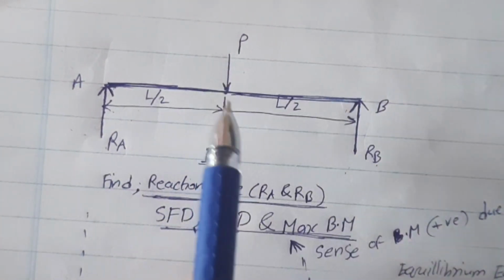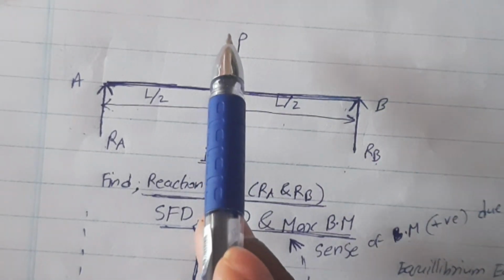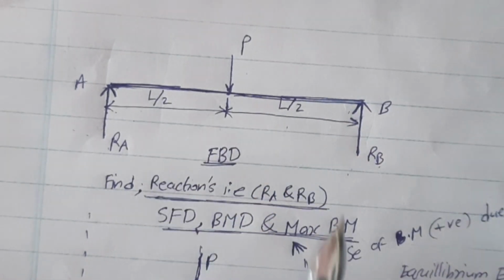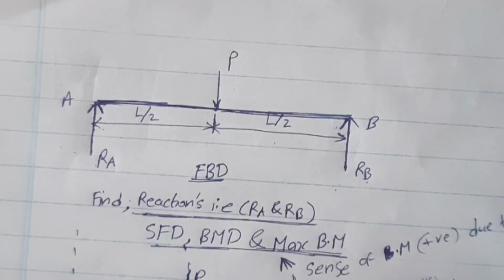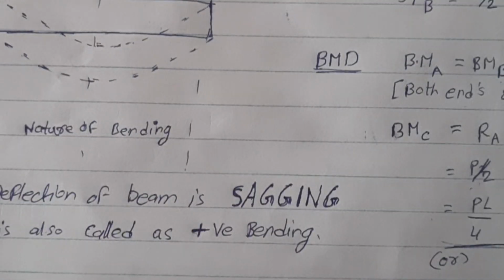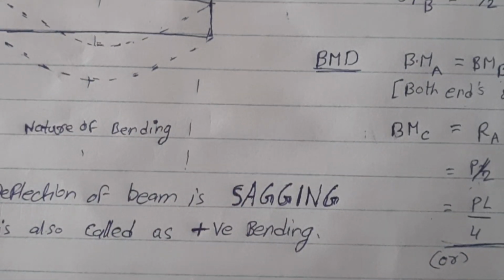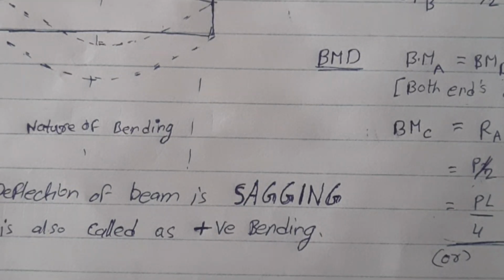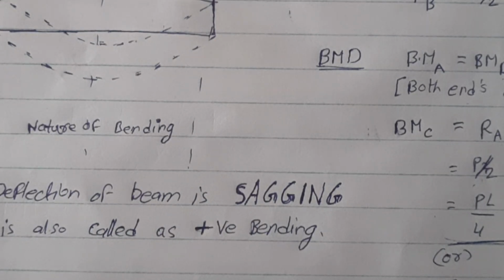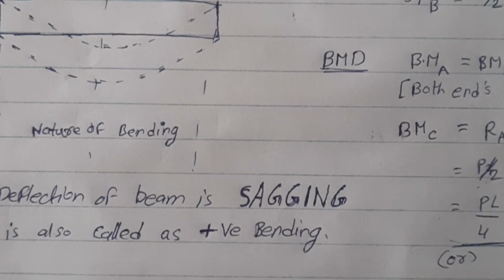And due to the point load at span L by 2, the load P into the perpendicular distance L by 2 produces the anti-clockwise bending moment at point B from C. That means due to the point load, the bending moment magnitude is minus PL by 2. Minus represents the bending moment in anti-clockwise direction due to the point load P, and the sum is equal to 0.